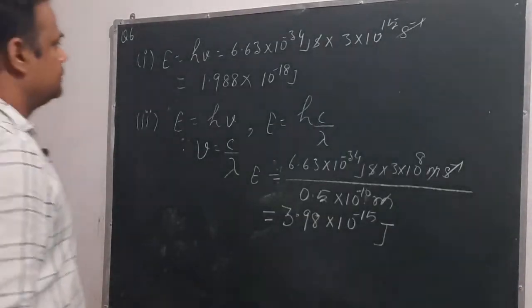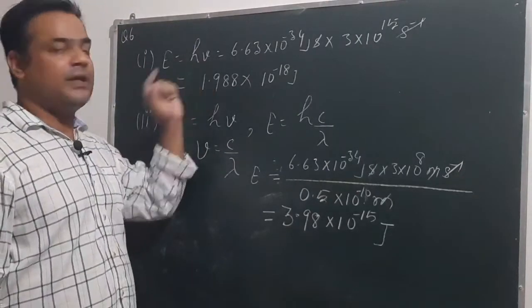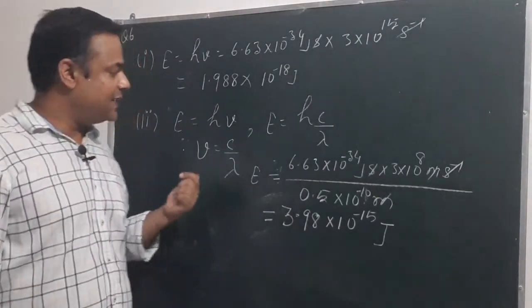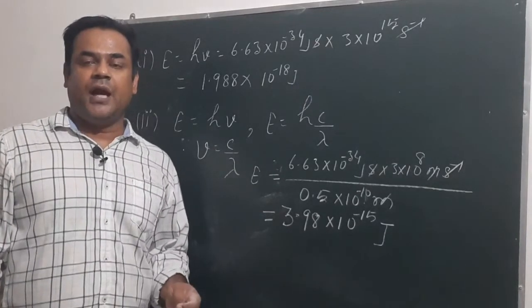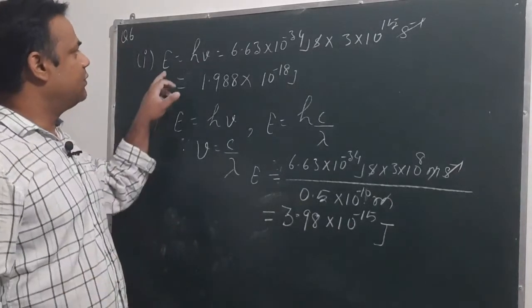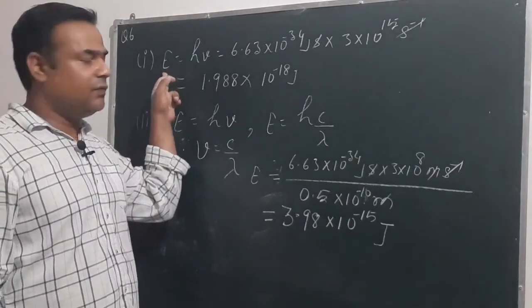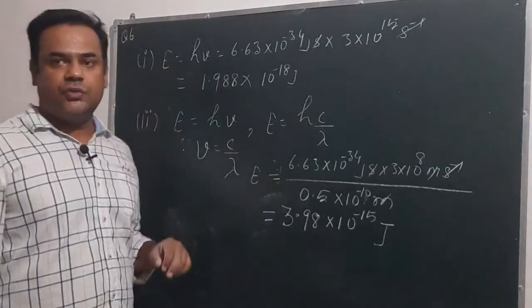In question number 6, frequency is given and wavelength is given, and with the help of frequency and wavelength we have to calculate energy of photon. We have studied one equation, that energy of any photon according to Planck's quantum theory equals h nu.